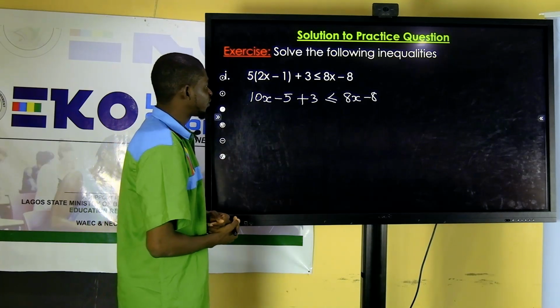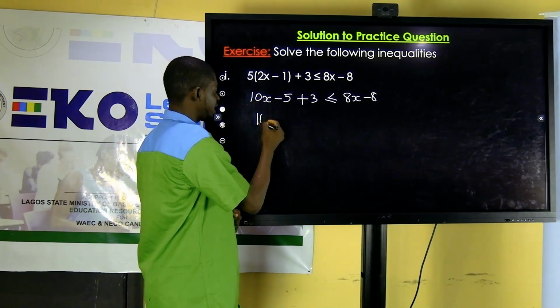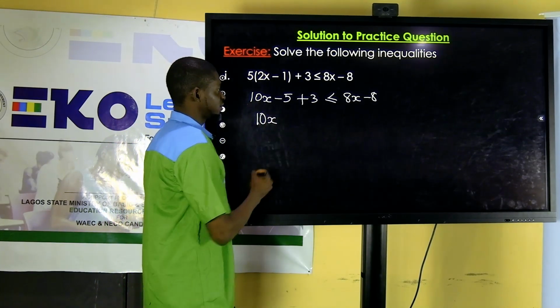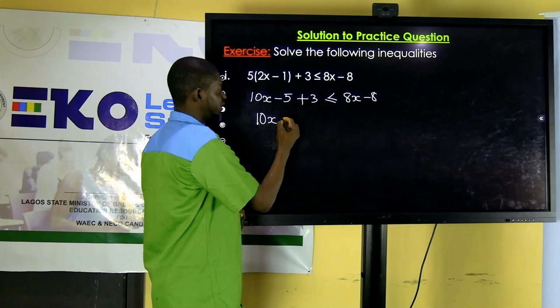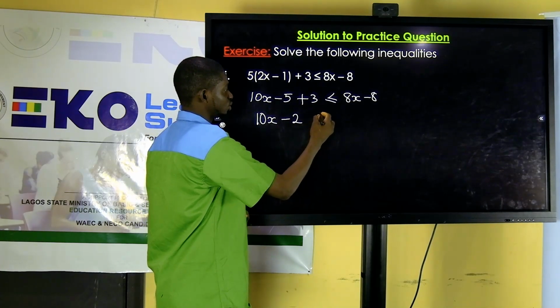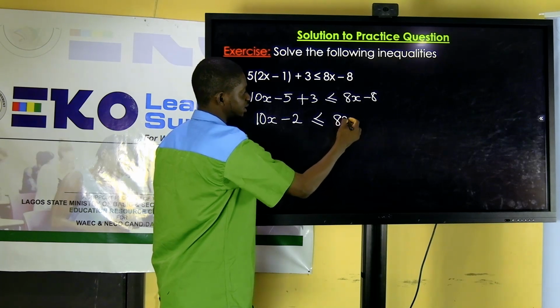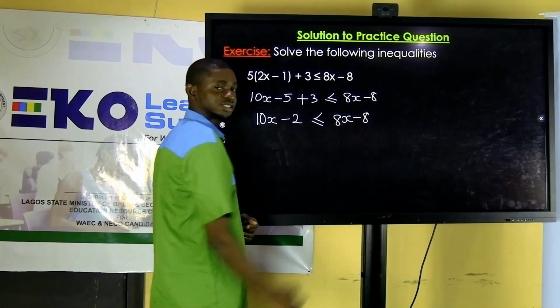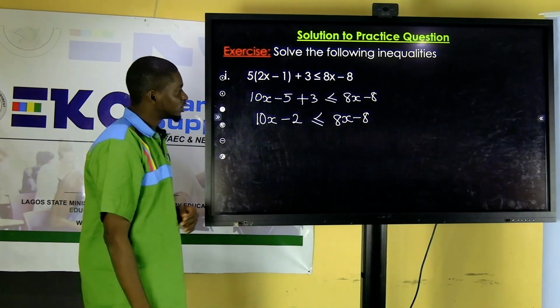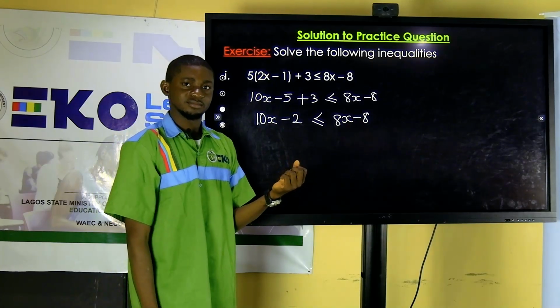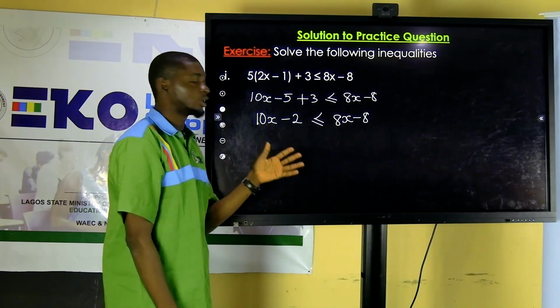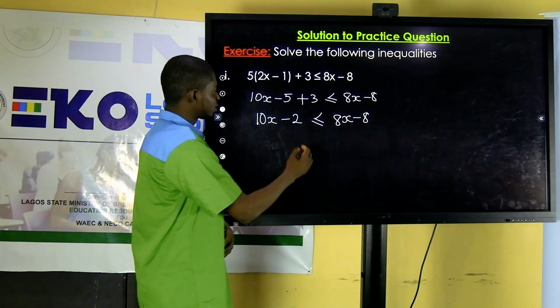So let's simplify that. We have 10x, and when you do this, it gives us minus 2, less than or equals to 8x minus 8. Very good. So what do we do next? We collect like terms.